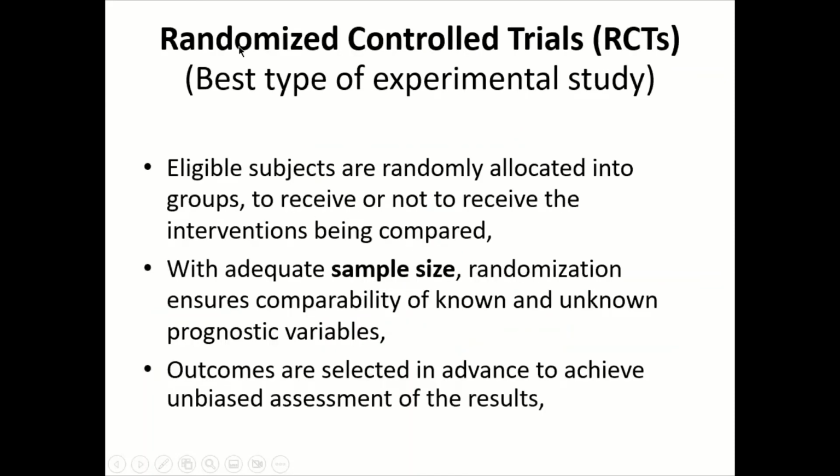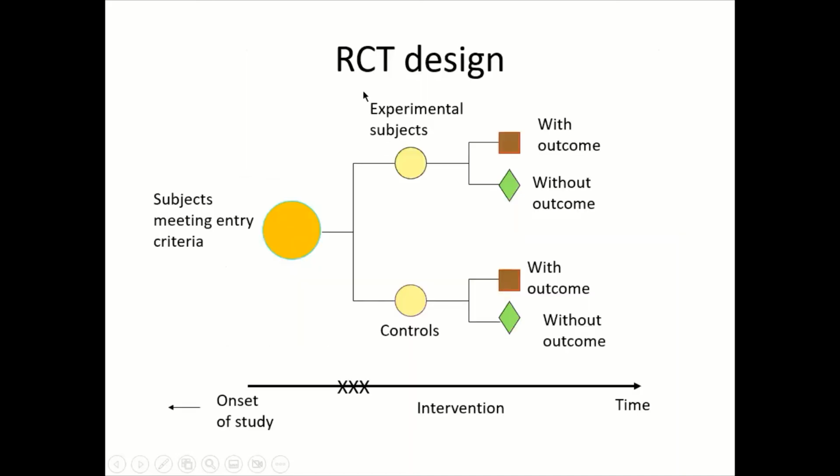Now we have the randomized controlled trial, sometimes known as RCT studies. They are regarded as the best type of experimental studies in clinical or health sciences. All right, we'll be looking at this in much more detail later on. So this is the design. We'll come to it after we have reached the study area and are looking at designs. We'll see how it is done.